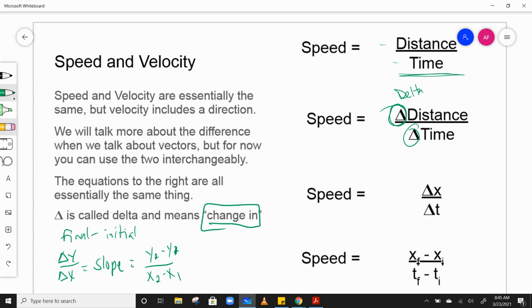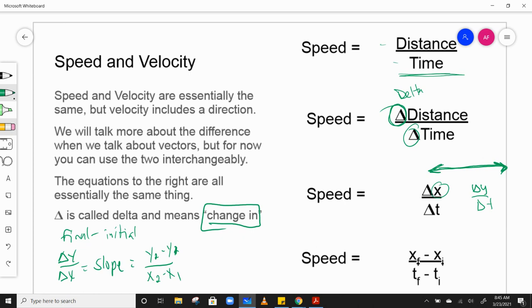Okay, when we talk about speed, we can talk about the change in x over change in t, so we can use x instead because x is basically the horizontal change in distance, right? So change in x over change in t. If we're talking about vertical, like dropping something, we say change in y over change in t. Okay, it really doesn't matter.